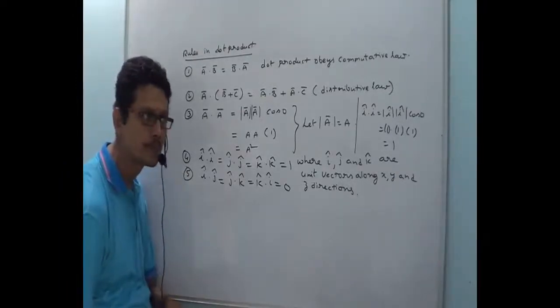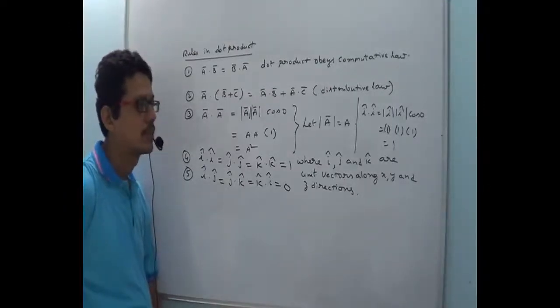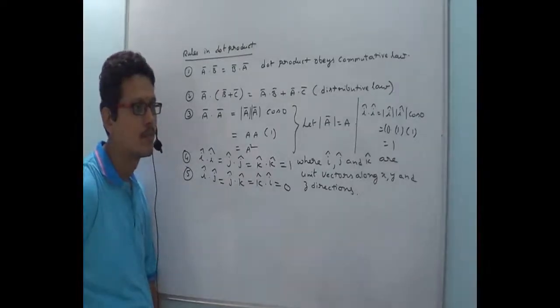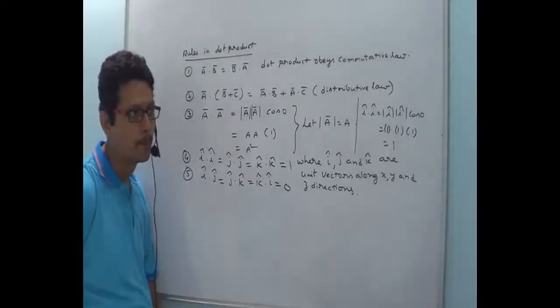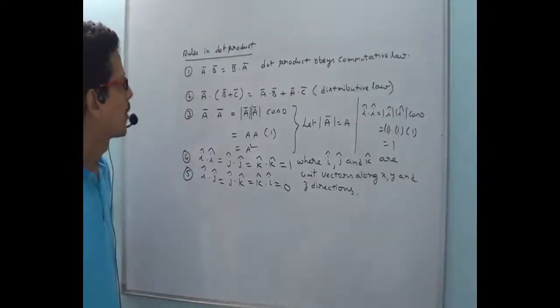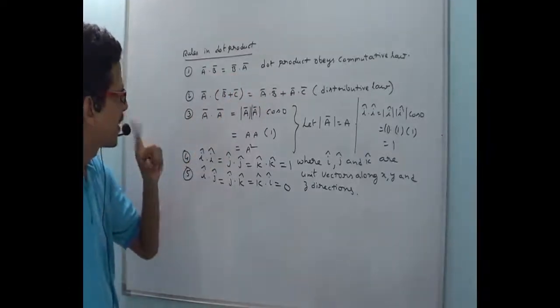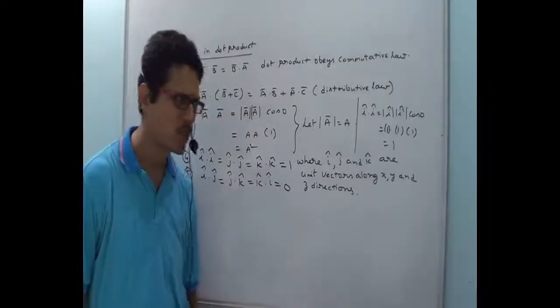Can I erase this? Okay, commutative law: A bar dot B bar is B bar dot A bar. AB cos theta and BA cos theta are the same, okay?